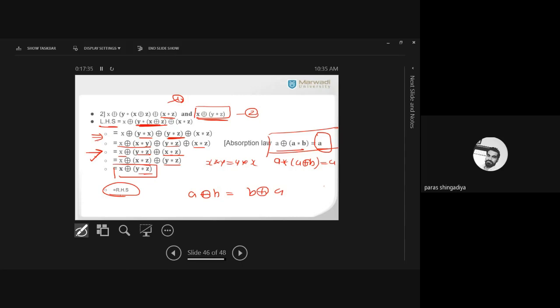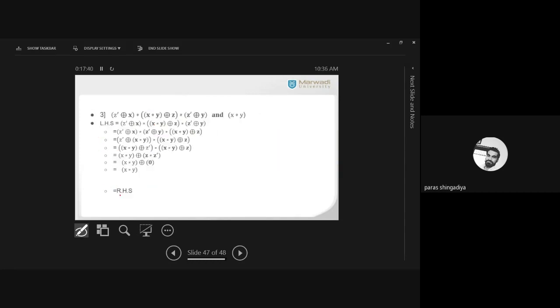Okay, is it clear? Good. So, another example. First, you check all the steps, and then afterwards we'll understand. First, you can try it, then afterwards we'll discuss the solution in detail.